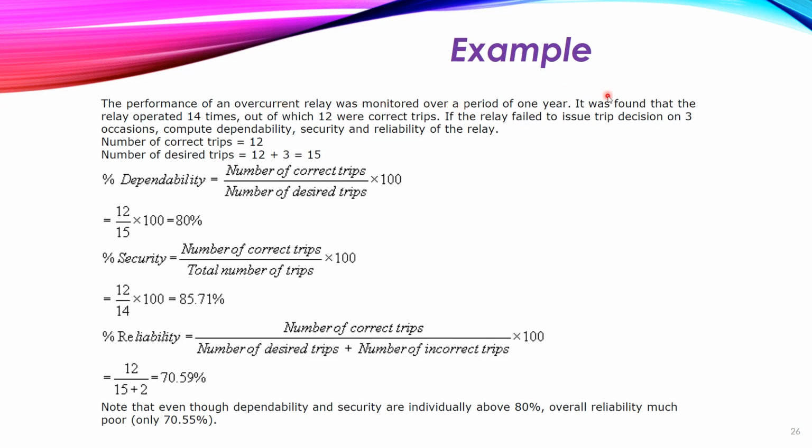It was found that the relay operated 14 times. So 14 represents the number of correct trippings plus the number of incorrect trippings for the relay. The relay tripped 14 times during the whole year, out of which 12 were correct trips and 2 were incorrect.